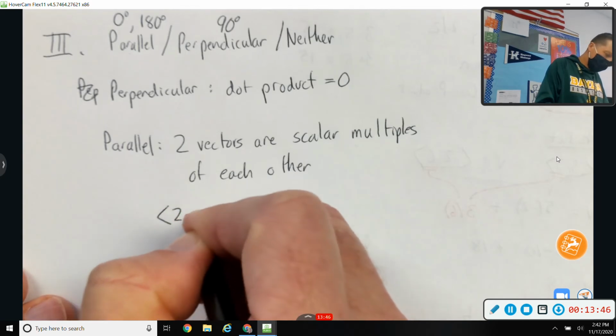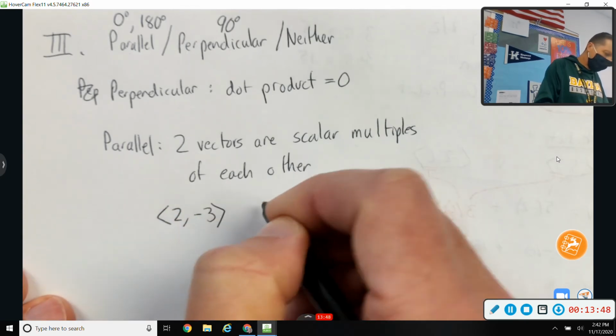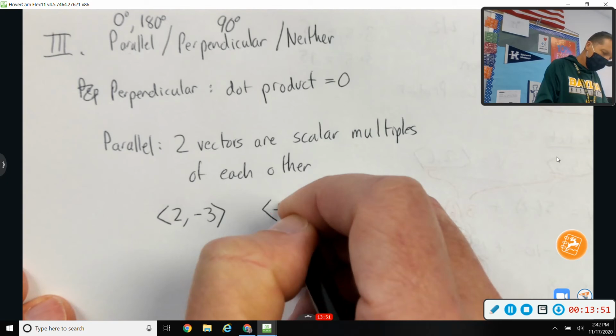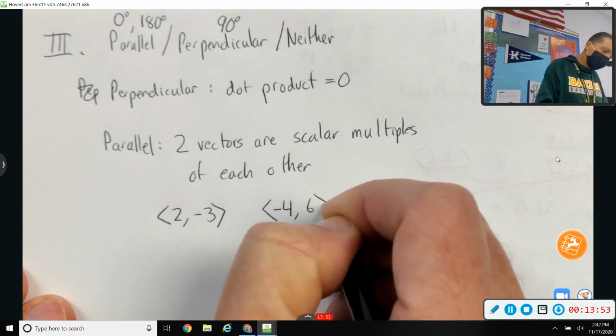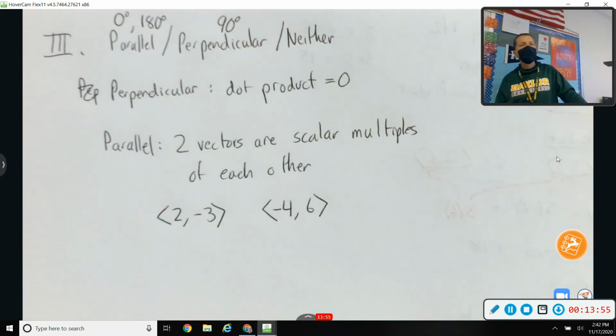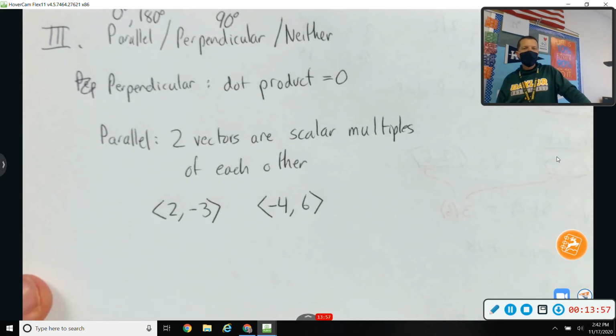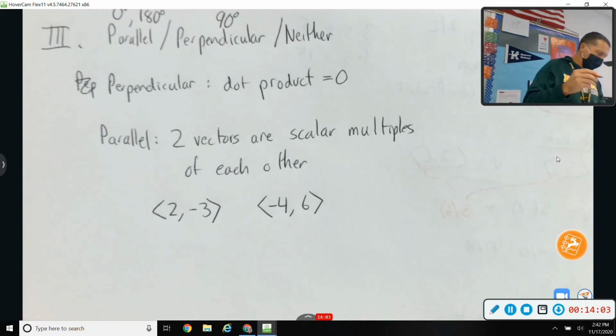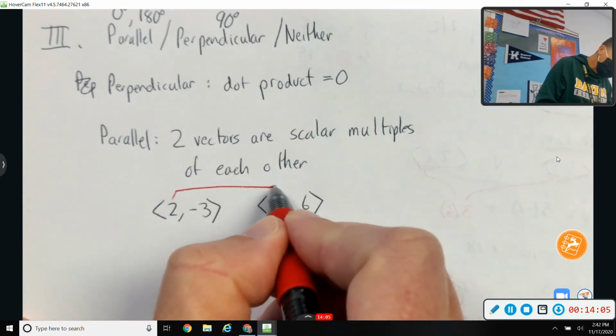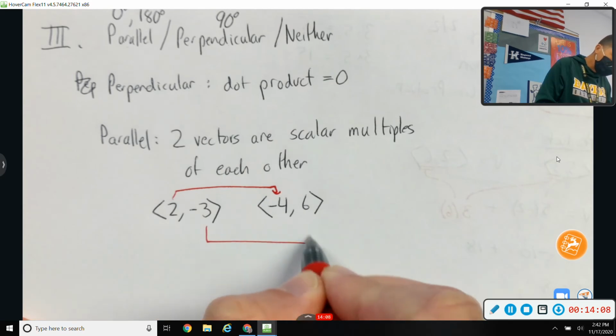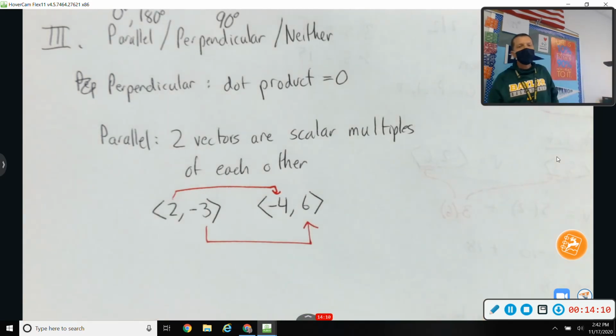Let's say we have 2, -3 and -4, 6. Scalar multiple means whatever we multiplied the x by is the same number we multiply the y by. And if those numbers are the same, then those two vectors are parallel to each other.